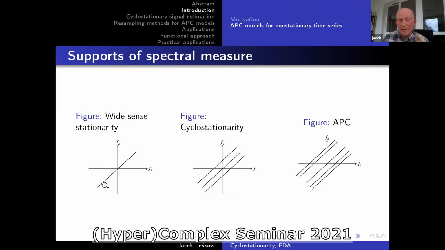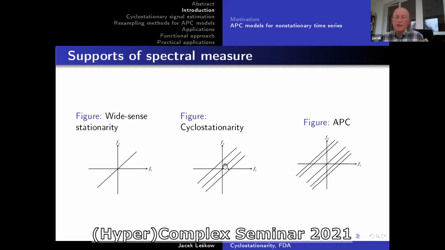Wide-sense stationarity means that the only relevant frequencies are on the line y equal to x, the main diagonal of the system. Cyclostationarity means we have a set of lines that are equidistant, and this distance is 2 pi over T, where T is the period.